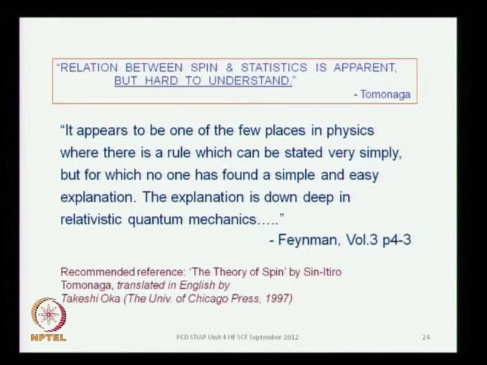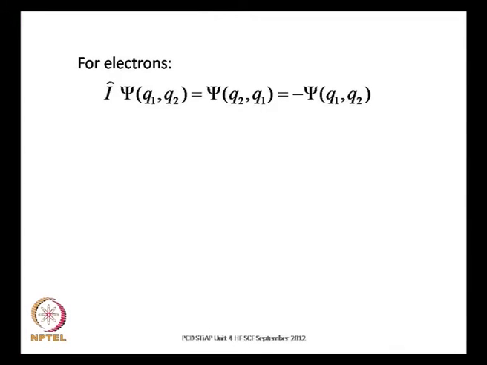It is a very nice book, some of you might have come across, or if you haven't, you will enjoy reading it. So, anyhow, we accept that this is what it is, and under one interchange, electrons being fermions, the sign would change.